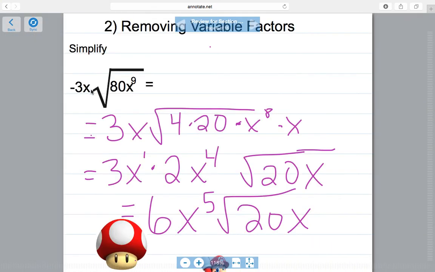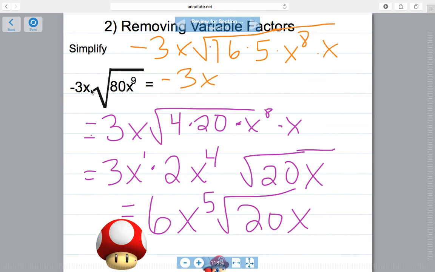Now notice how if we would have started off finding the greatest perfect square, we would have 16 times 5 times x to the 8th times x. Then we have 3x. The square root of 16 is 4. Square root of x to the 8th is x to the 4th.